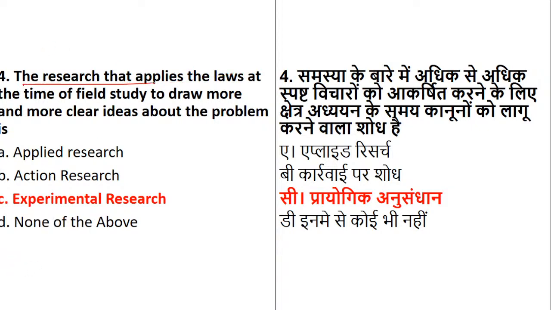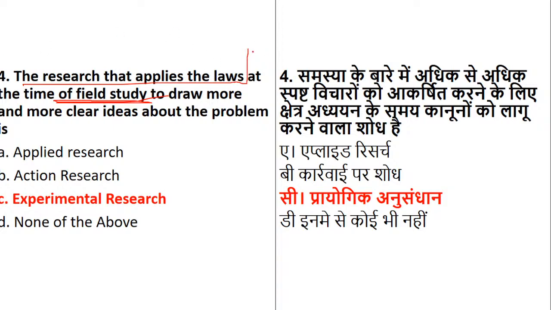You read only the first part of the question and you answered. But in the second half, the research that applies the law, this is given to confuse you, but the second part tells the time of field study. It means wherein the observation is taken, wherein in order to draw the conclusion, and that is with the help of what? With the help of experimental research. Please be careful.